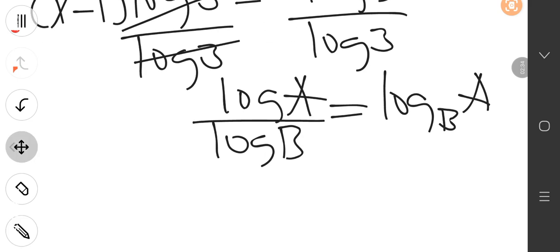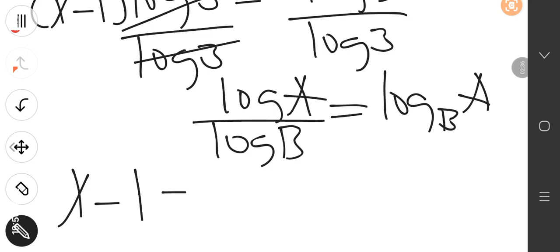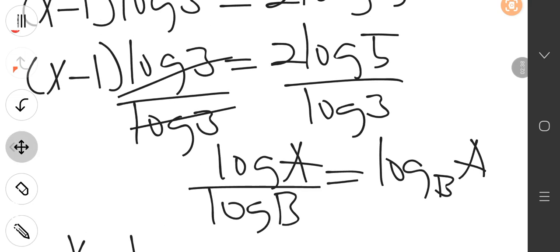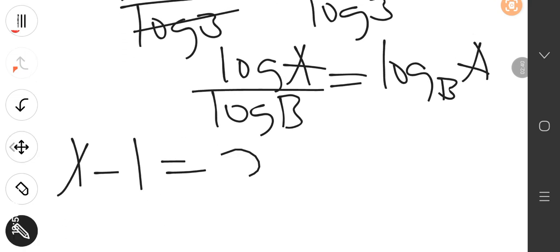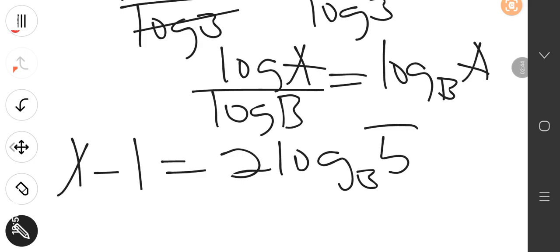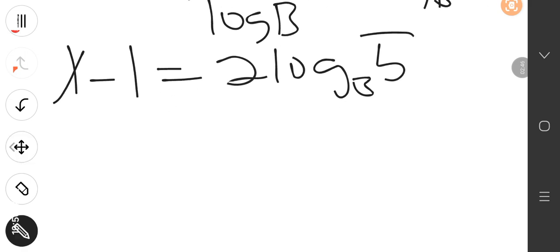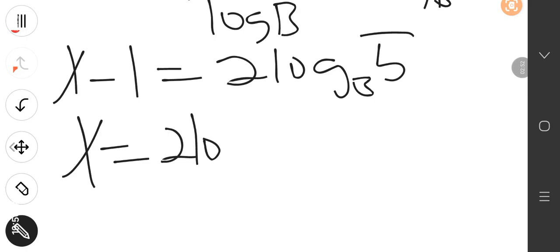So our equation becomes x minus 1 = 2 log 5 base 3. So we are going to make x the subject of the equation. So we are going to have x = 2 log 5 base 3 plus 1.